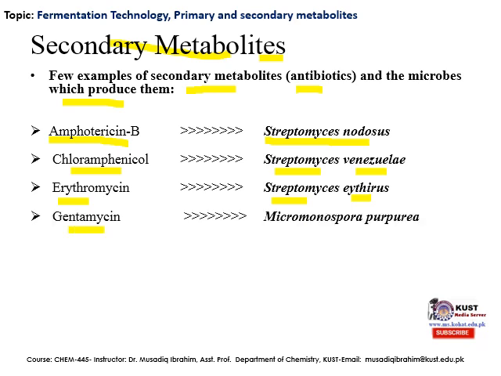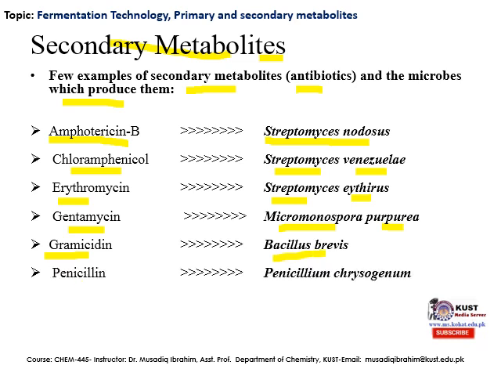Now, gentamicin is produced by Micromonospora purpurea. Another example is gramicidin, which is produced as a secondary metabolite by Bacillus brevis. Penicillin, which is a very common example, and we have discussed its production by the process of fermentation, is produced by Penicillium chrysogenum.